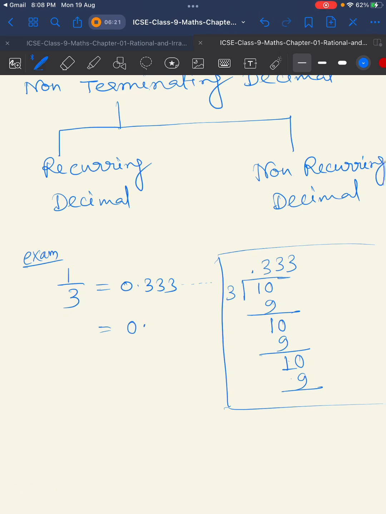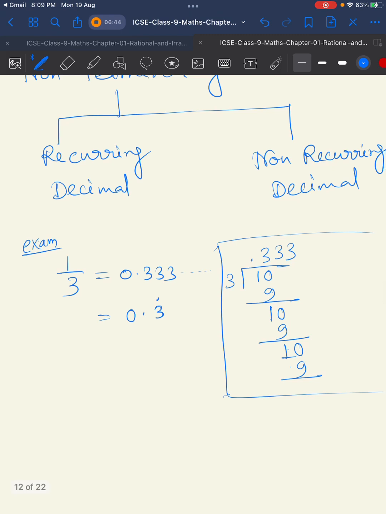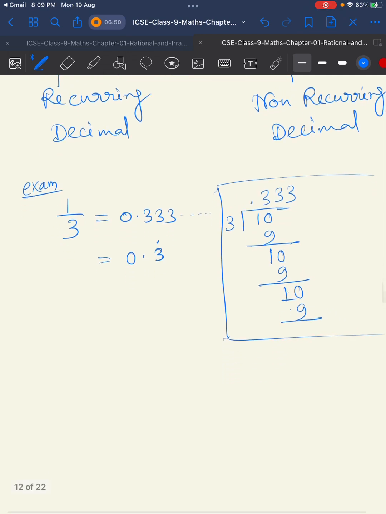Here a single digit is repeated, 3 is repeated, so we put a dot or bar above this single digit. So we put a dot or bar above 3.